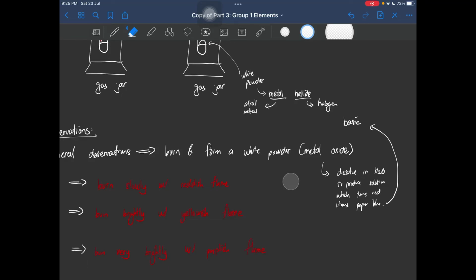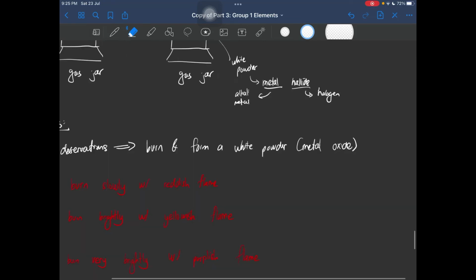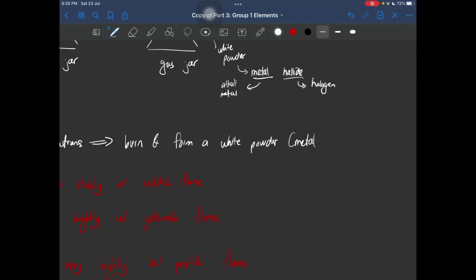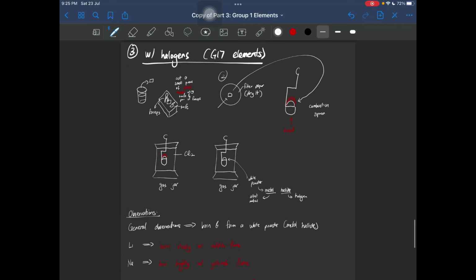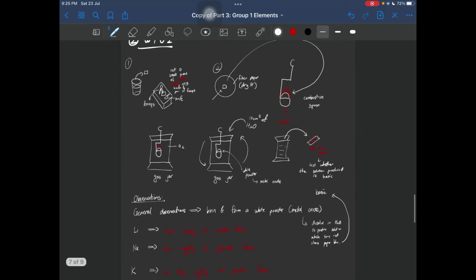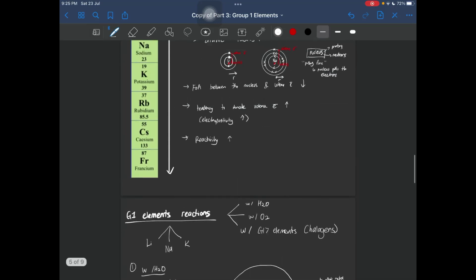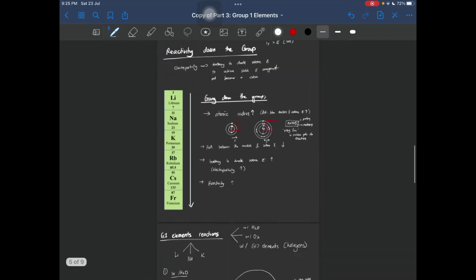So we did not test it with a litmus paper, and the white powder that we have produced is not metal oxide, but it is metal halide. So there you go, all 3 reactions of alkali metal covered.